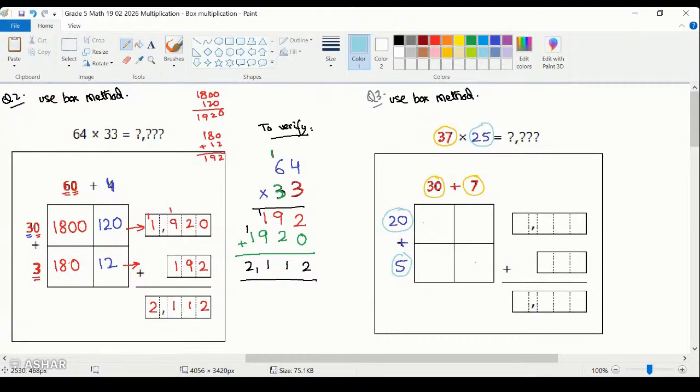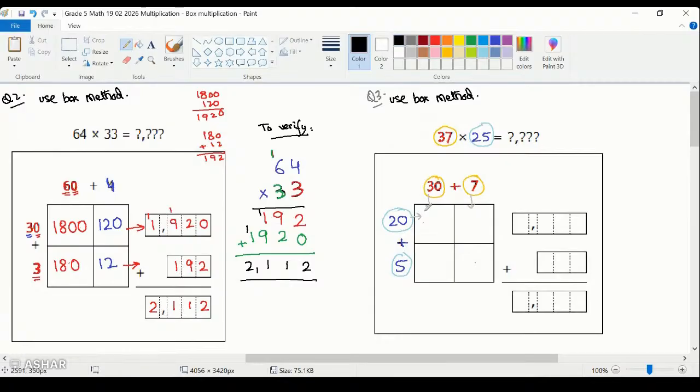See, now what we need to do is multiply these numbers together. The first numbers we have are 30 multiplied by 20. I'll write it down over here.